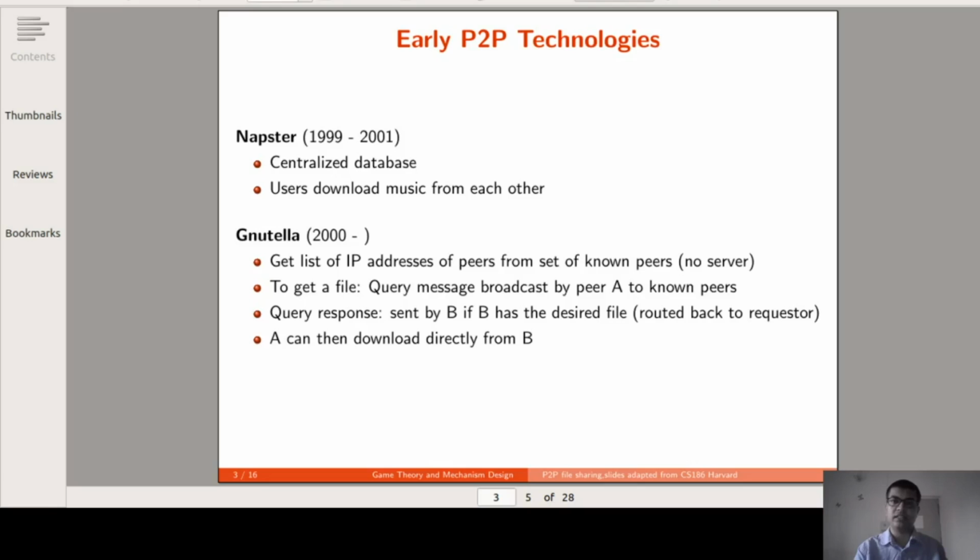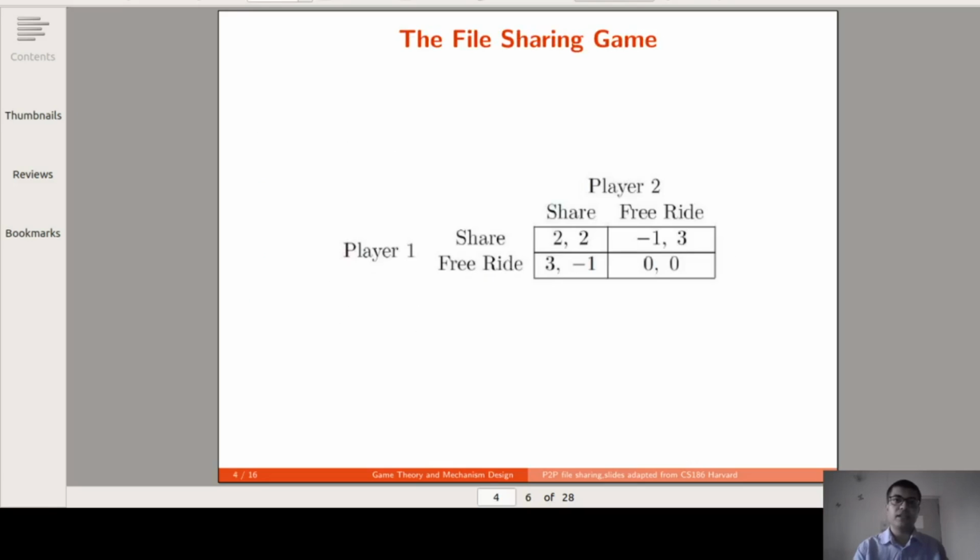Now, if you look at the file sharing process from the lens of game theory, let's consider for simplicity that there are only two players. Both players have two strategies, either to share or free ride. In the share mode, they allow other people to also download the content, which requires some amount of upload bandwidth being eaten up.